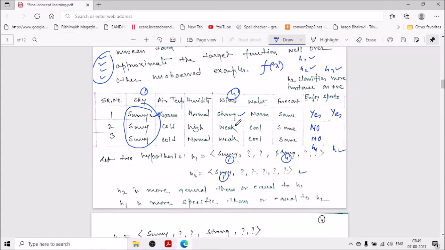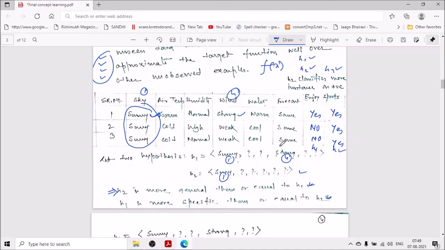If it is sunny, put yes. So that means we can see here H2 is more general than or equal to H1. That means this H2 hypothesis generates more yes than H1. Or in reverse, you can say H1 is more specific than or equal to H2.